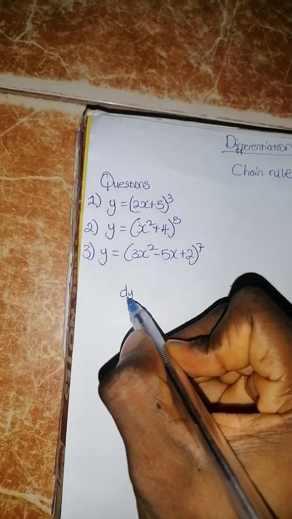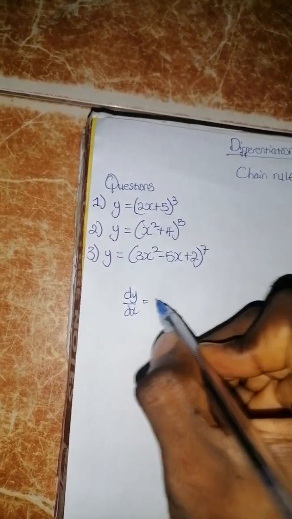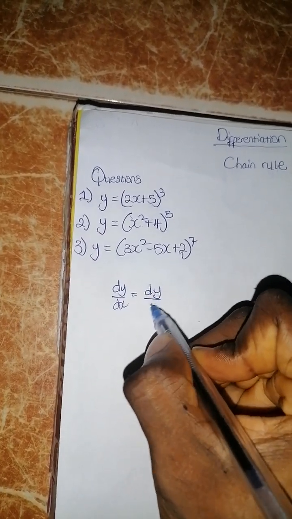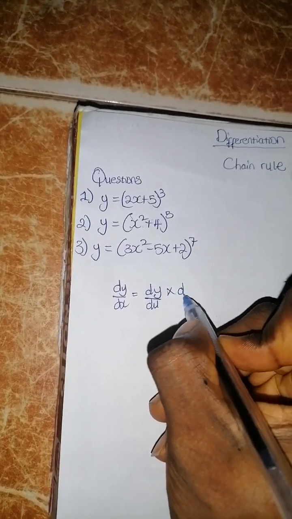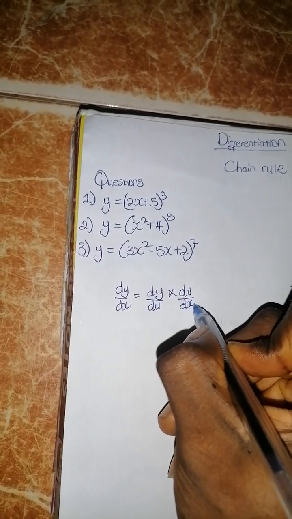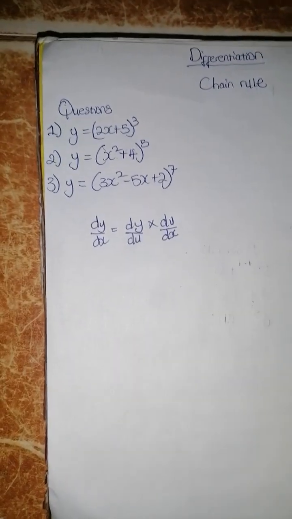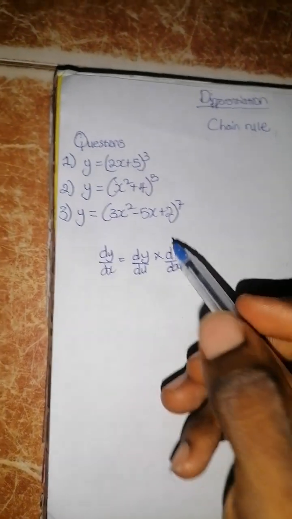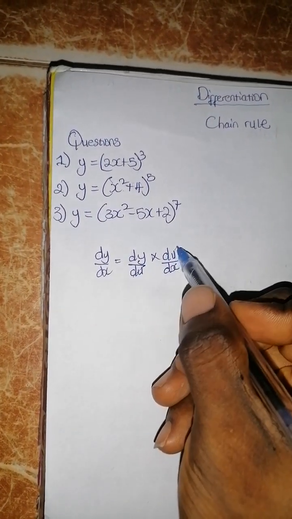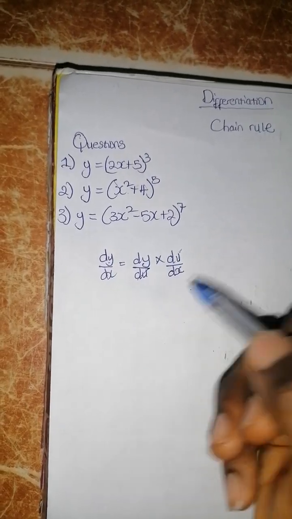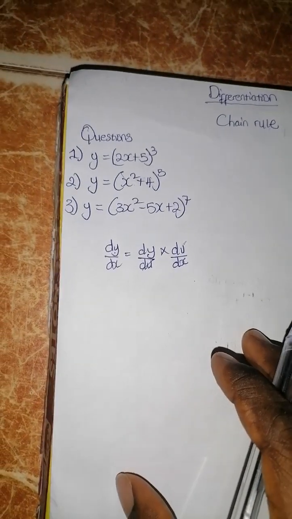So now, the chain rule, this is the formula for the chain rule. dy over dx equals dy over du times du over dx. Always remember this formula, that if I cancel this du and this du, I'll still have dy over dx, as you can see. So now let us do this.